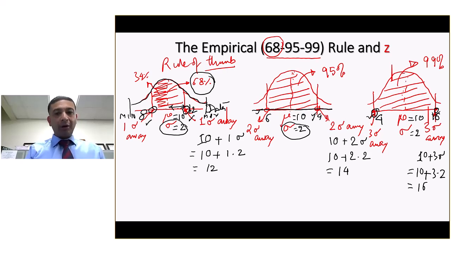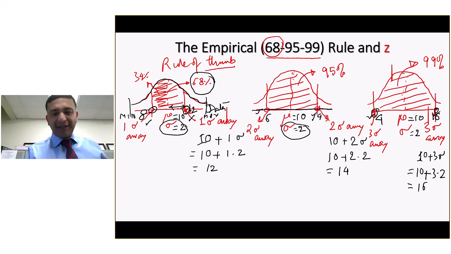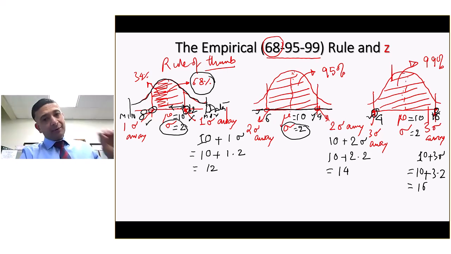Okay, so 8, 12, 6, 14, 4, 16, and the mean. That's only 7 points on the data set. And you can very closely identify those 7-point values based on the empirical rule. What about the remaining points?